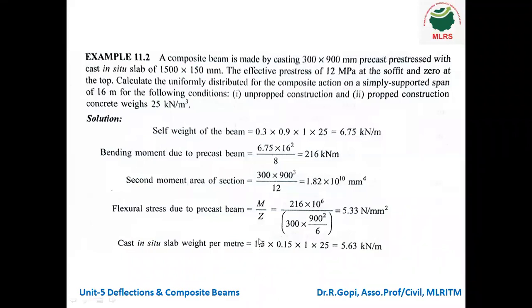So the composite beam consists of one beam and one slab. The beam size is 300 mm into 900 mm and the slab size is 1500 into 150 mm.